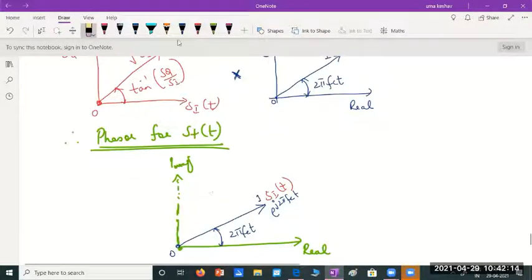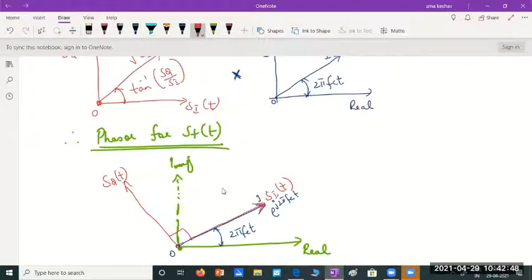I have to consider the signal which makes an angle 90 degree with the in phase. This would be the quadrature phase. So here the in phase channel is merged on this line, which represents the e power j2 pi fct, and the quadrature channel of this complex envelope is taken as 90 degree phase shifted version of this.